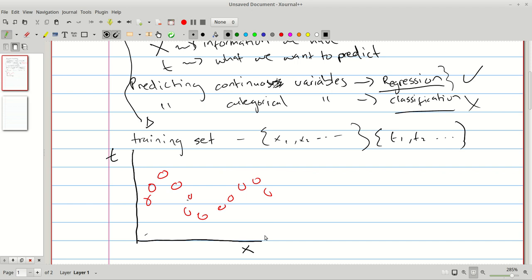So if you're given an x at this point here, x prime, what's the corresponding t for that? Or if you're given x double prime, you are trying to understand the corresponding value of t.